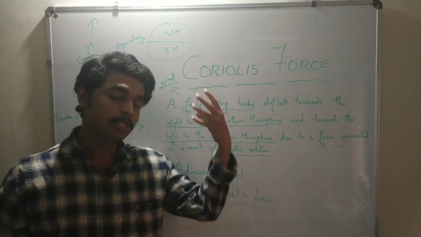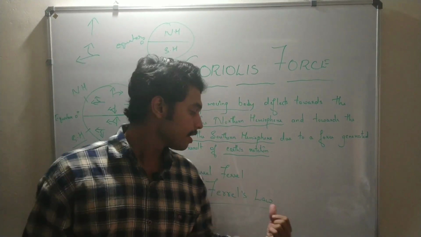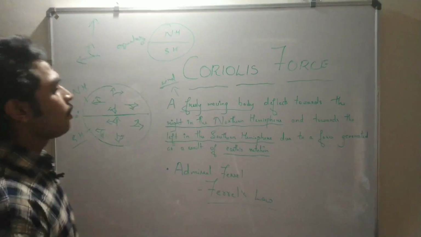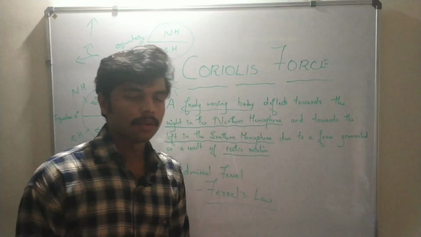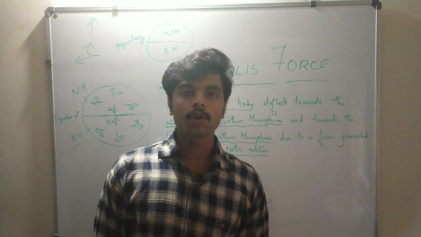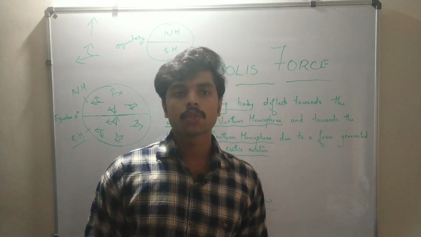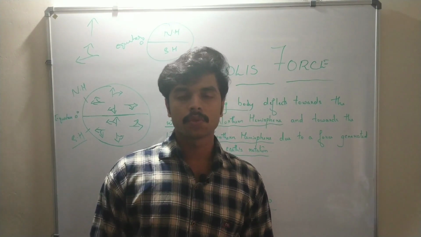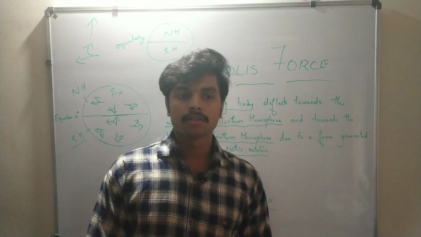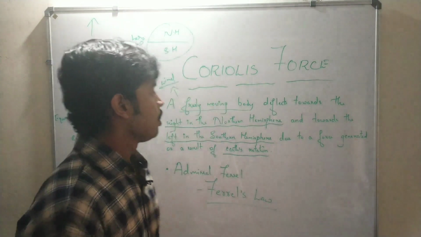So this Coriolis force is also known as Ferrel's law. So this Coriolis force acts in southwest monsoon season, in northeast monsoon season, and through variable winds and all.